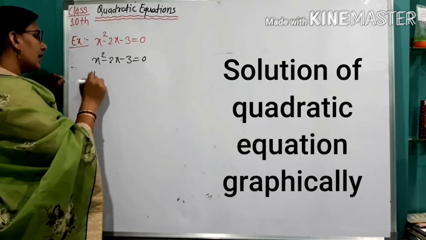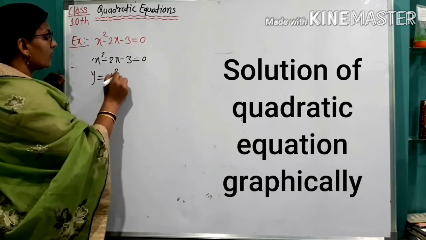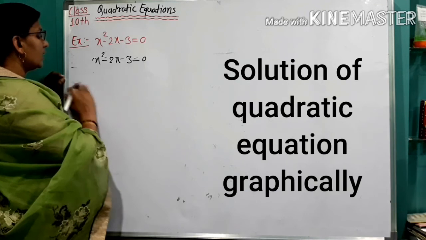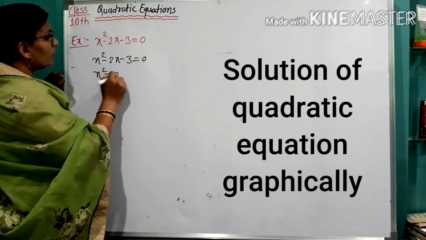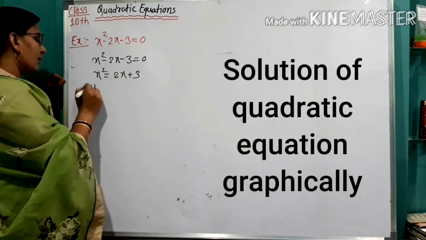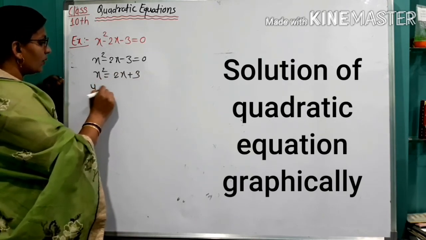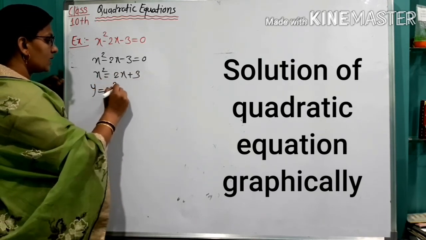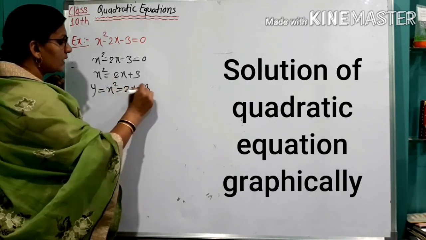Then if I take y equal to x square, it is written as x square equal to 2x plus 3. By solving graphically, take y equal to x square, but x square equal to 2x plus 3.